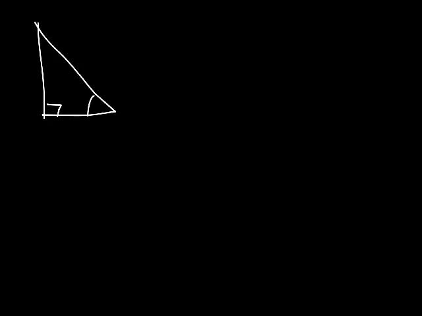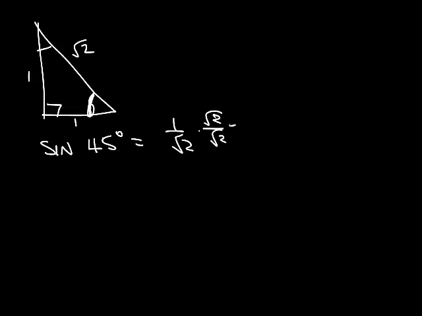Okay, so these are 45. If I want to find the sine of 45 degrees, this is 1, this is 1, this is square root of 2. So the sine of a 45-degree angle, sine is opposite over hypotenuse, so it would be 1 over the square root of 2. Multiply by the square root of 2 over the square root of 2, and you get square root of 2 over 2 for the sine of a 45-degree angle.